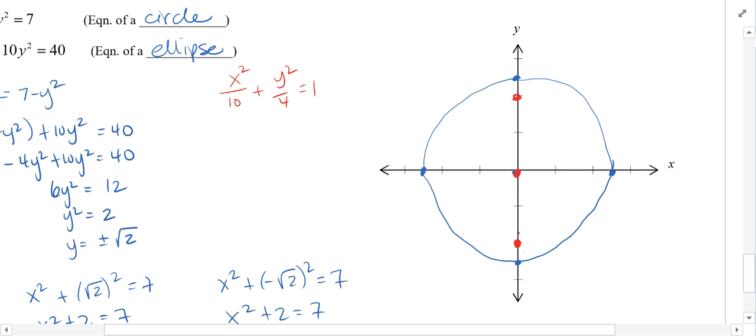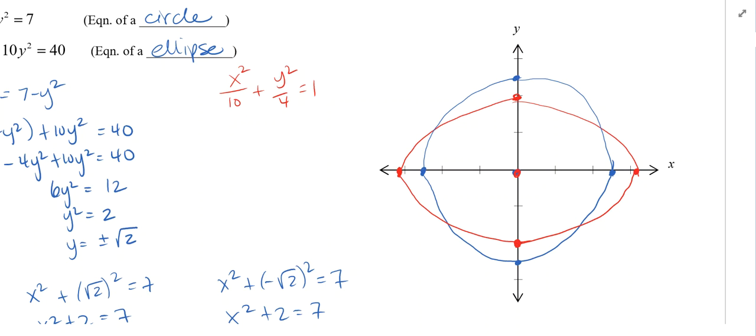So that's just past 3. Okay, so now we're drawing an ellipse, and I'm going to try to draw this well. Okay. So you notice we do have our 4 intersection points.